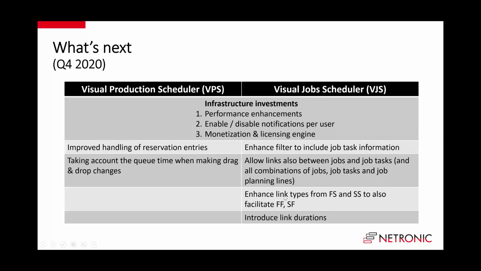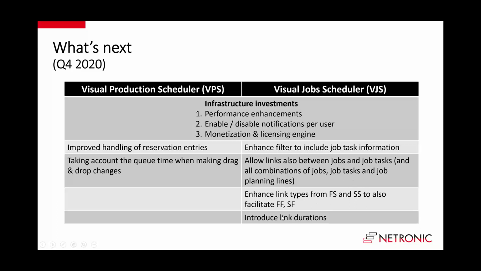Then right now, the link types are finish start and start start, and we will also facilitate going forward finish finish and start finish. These are not that often used link types, but from time to time they are requested, and we just said, okay, let's make this overall link bit complete.